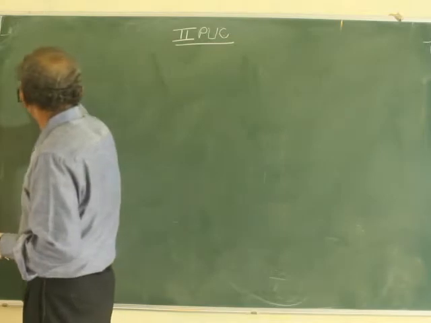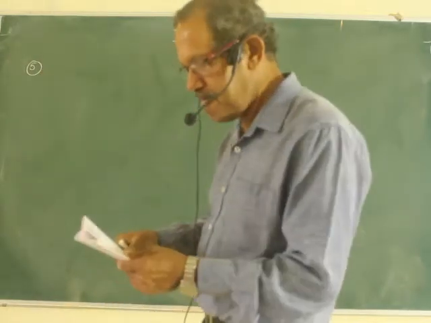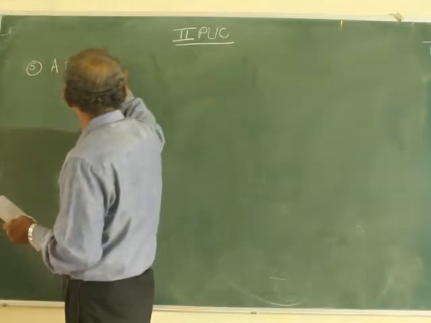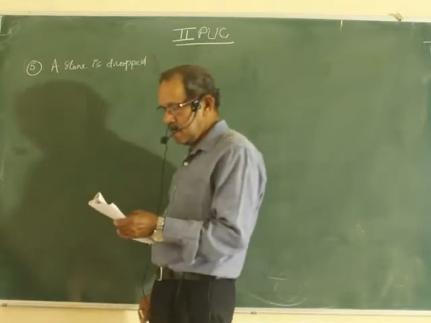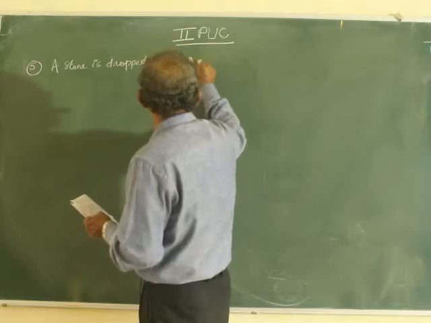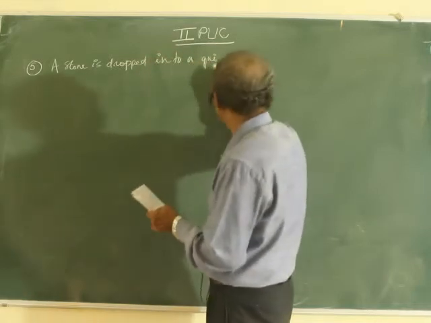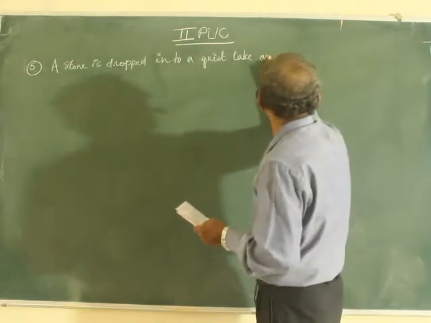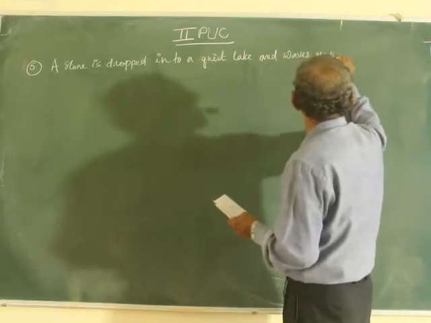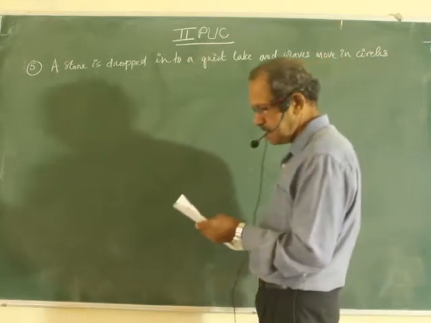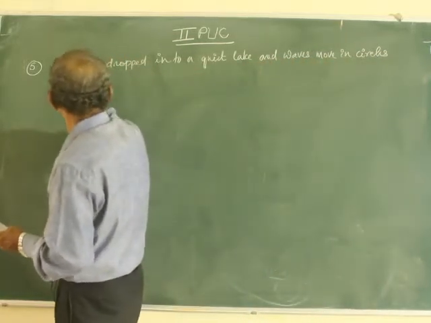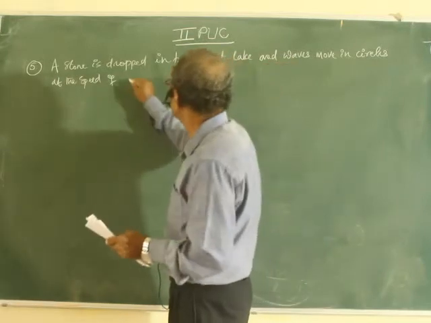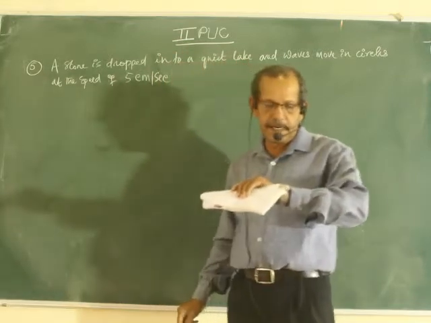Problem number 5. A stone is dropped into a quiet lake, and waves move in circles at the speed of 5 centimeter per second.